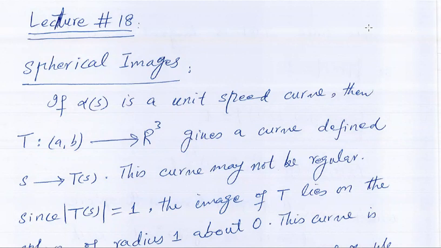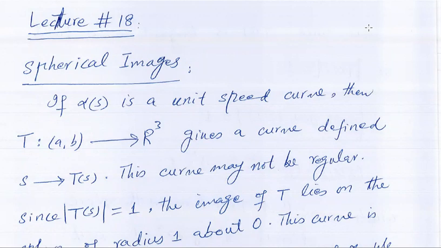If alpha of s, which is a unit speed curve, is given, then we can find the tangent vector field, and we can consider the tangent vector field as a curve whose domain is the interval (a,b) and whose image lies in R3.